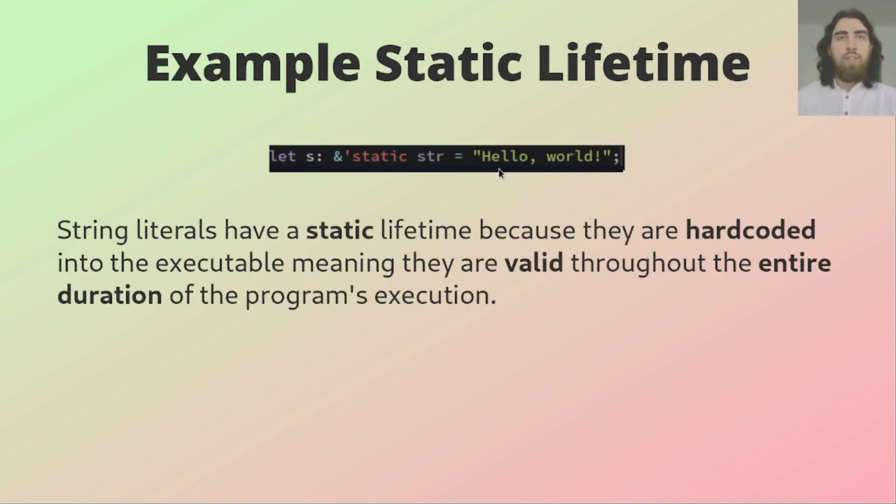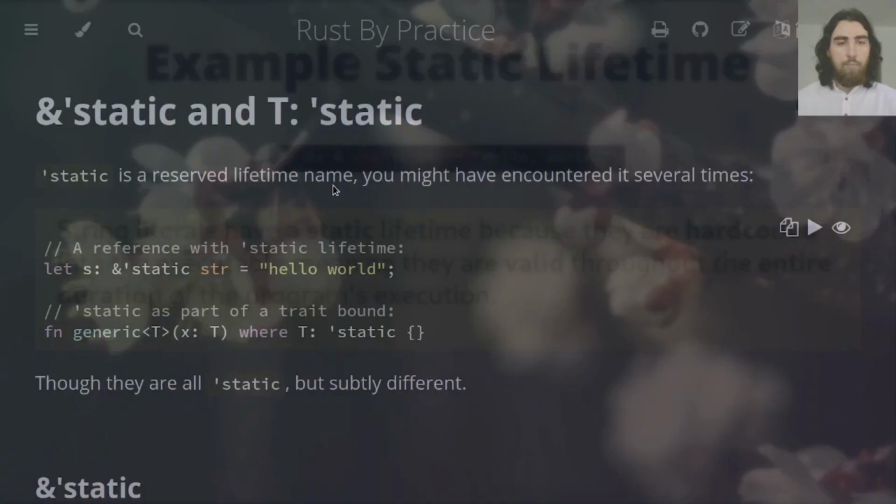So we have seen string literals, and they are usually annotated using an ampersand and str, but implicitly it would have a static lifetime. String literals have a static lifetime because they are hard-coded into the executable, meaning they are valid throughout the entire duration of the program's execution.